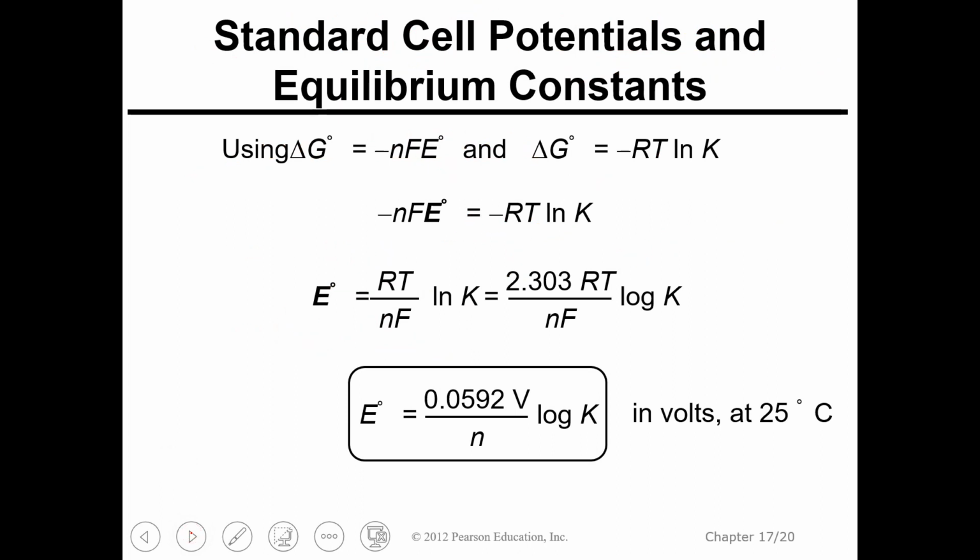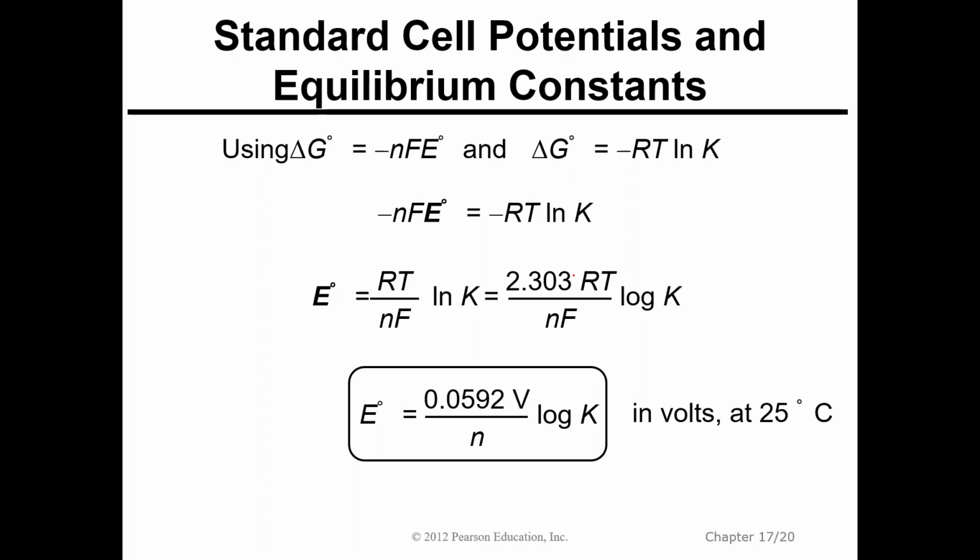Now we can also calculate the standard cell potential at equilibrium. So we have delta G naught is equal to negative NFE naught, and we also know that delta G naught is equal to negative RT ln of K. So we can set those two equal to each other and do some mathematical rearrangement here.